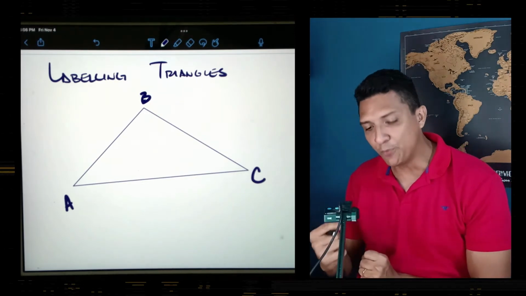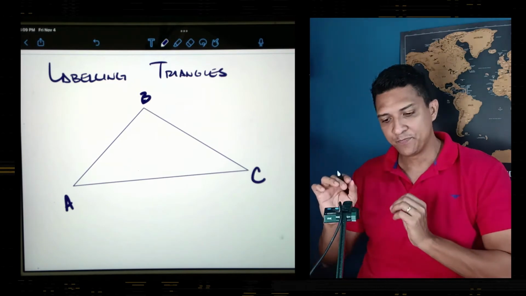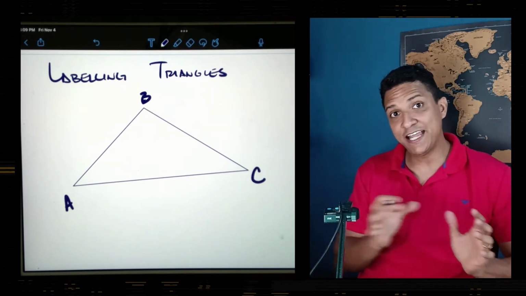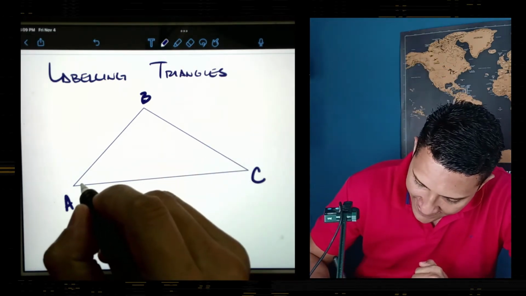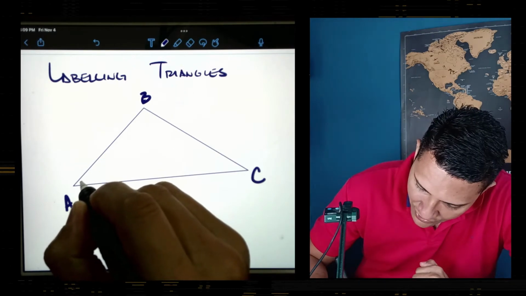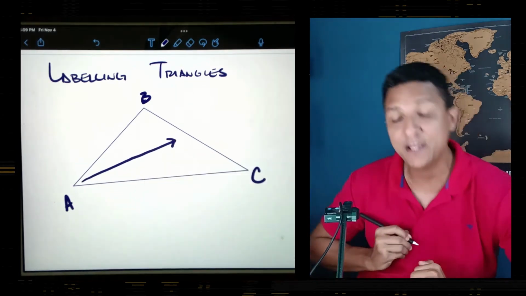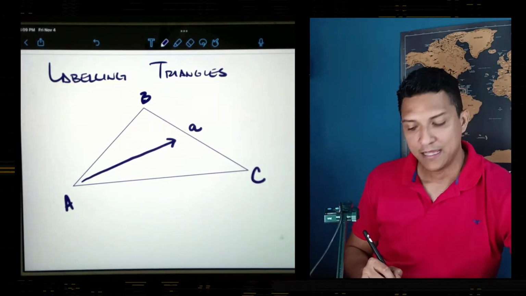Now I'm going to label the sides. Basically, we follow the same logic that we use with the vertices. For example, the vertex A is here, and I'm going to label the opposite side to A as lower case a.